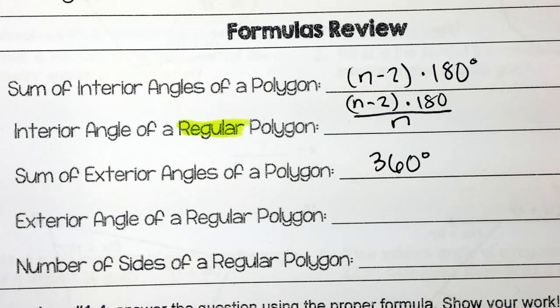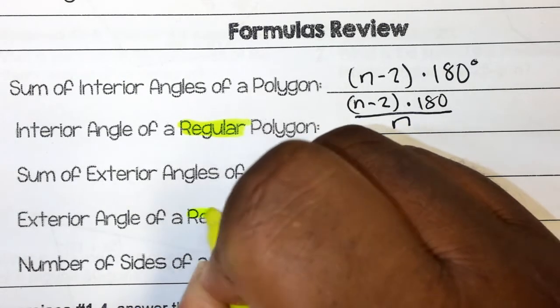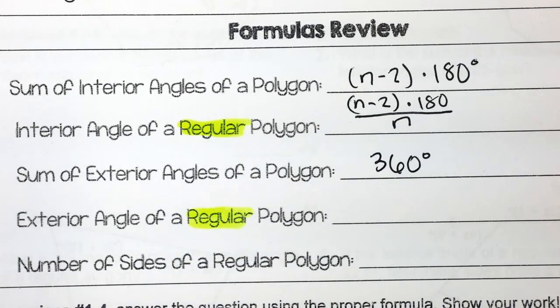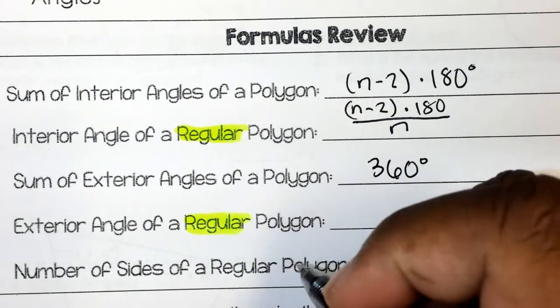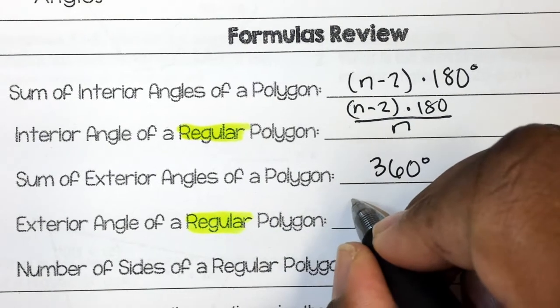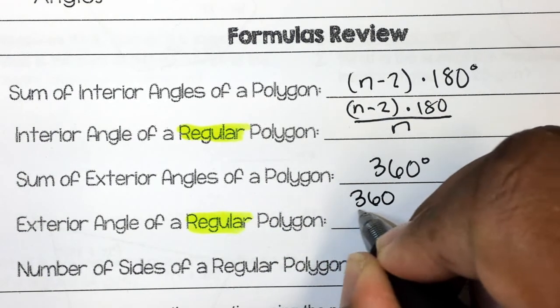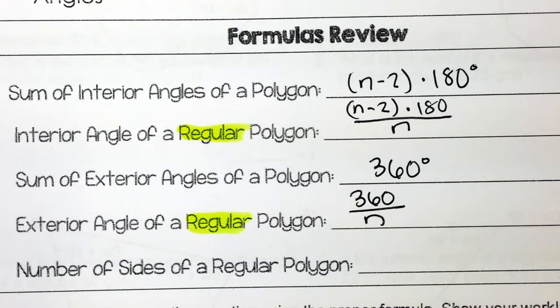Exterior angle of a regular polygon. So say they want me to find an individual exterior angle of a regular polygon. This is when I would do what? Okay, go ahead. 360 divided by n. Thank you. That's all good.